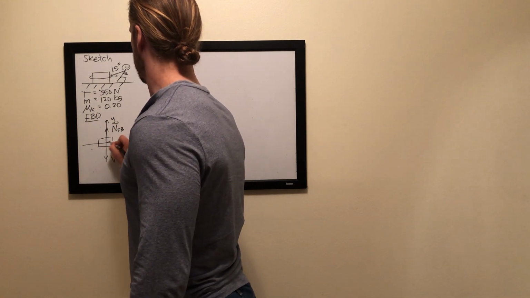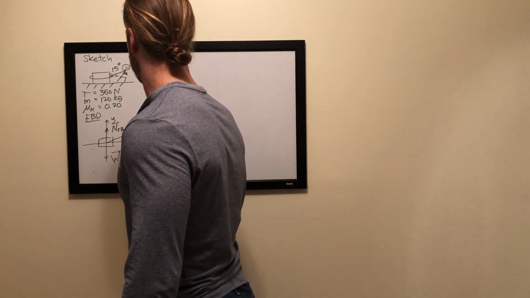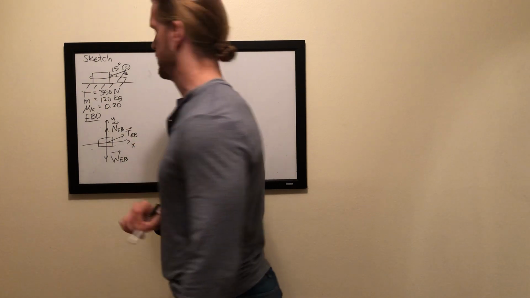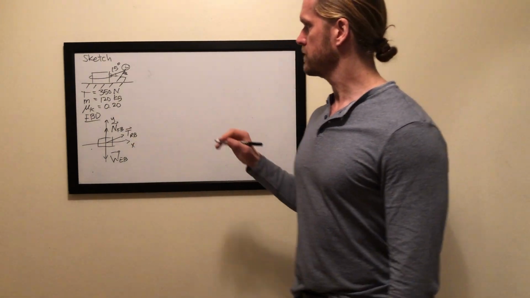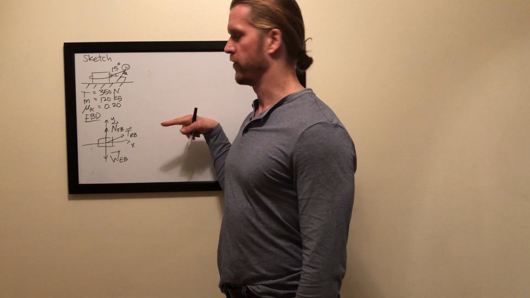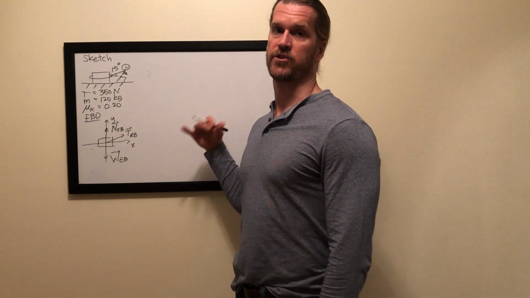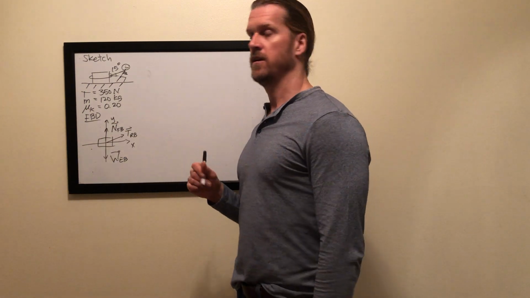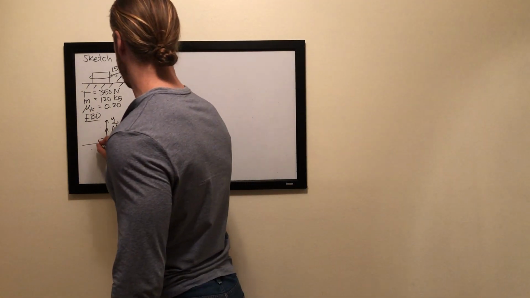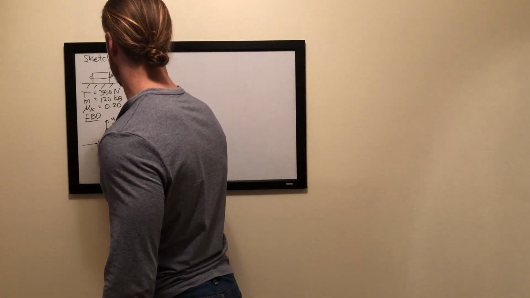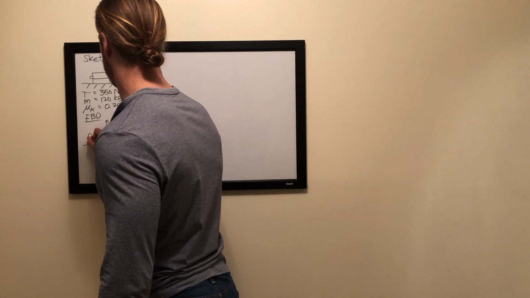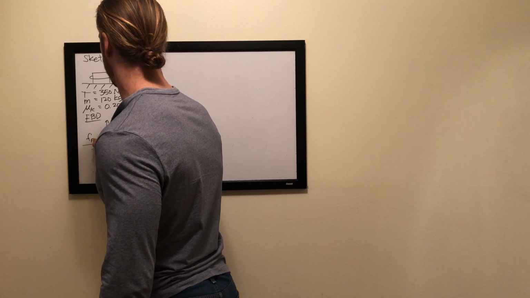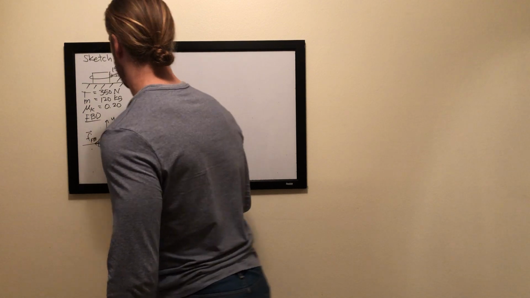You've got the tension force of the rope on the box, and there's also the friction force. Remember, friction always opposes the direction of motion, so friction force will be pointing to the left in the negative x direction. Friction force of the floor on the box.